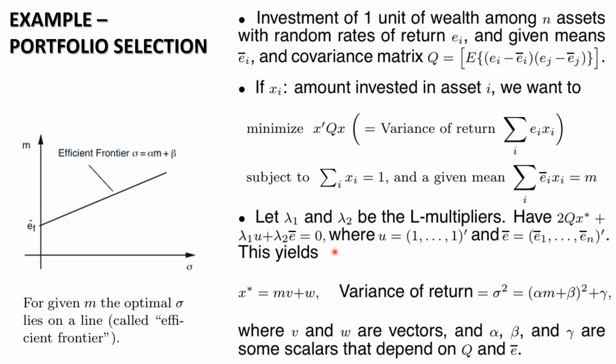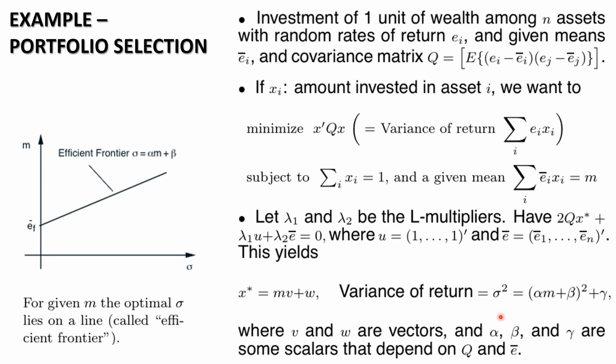In this case, we obtain the general solution form x star equal to m v plus w. Here v and w are vectors that depend only on Q and e bar, and m is the desired expected return level, as in our constraint. It gives a parametric family of optimal portfolios, one for each m.